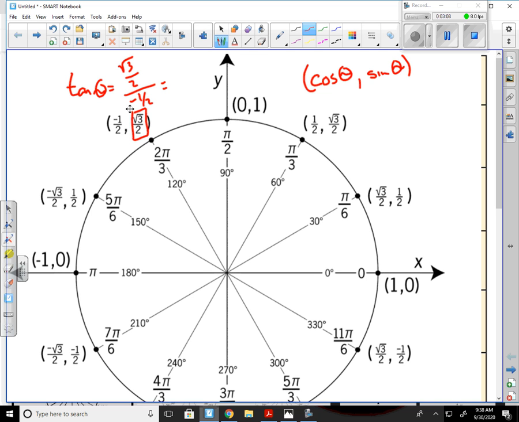It's real easy. We take the denominator, flip it, and multiply. Root 3 over 2 times -2 over 1. 2's cancel. I have -1 times the square root of 3. That's -square root of 3. And I'm done. That's your answer for the tangent.